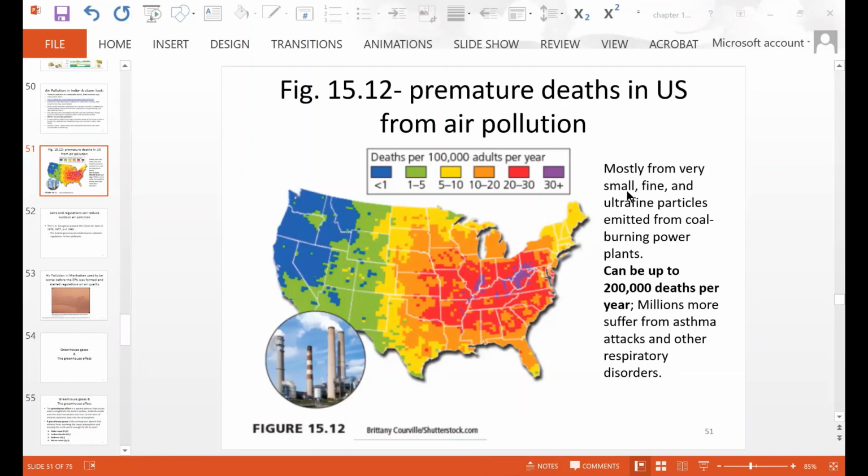Mostly this is from very small, fine, and ultrafine particles emitted from coal burning power plants. Now, much of the electricity in the United States is generated by coal burning power plants. There could be up to 200,000 deaths per year. Millions more suffer from asthma attacks and other respiratory disorders in the United States.